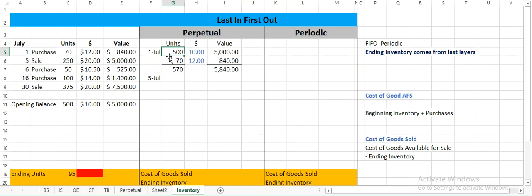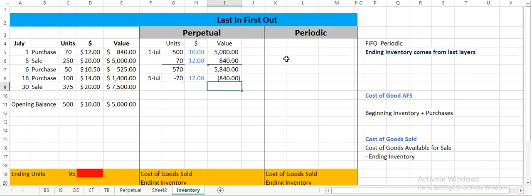LIFO, last in, means we start from the 70 and move backwards. So that means the first 70 of the 250 units came from this layer here, the second layer, the last layer at the time, which was $12.